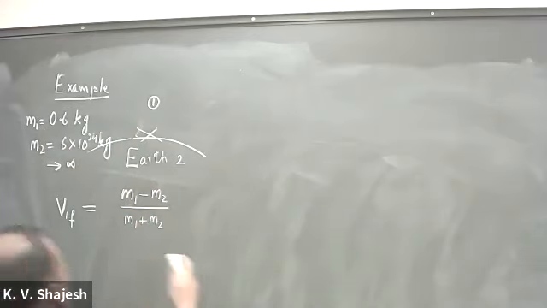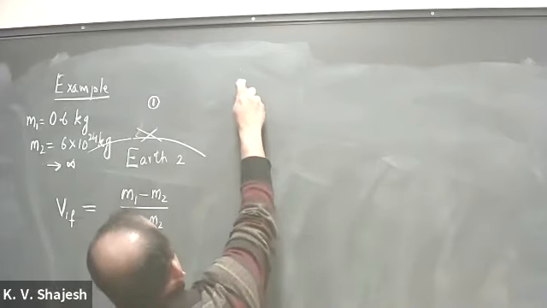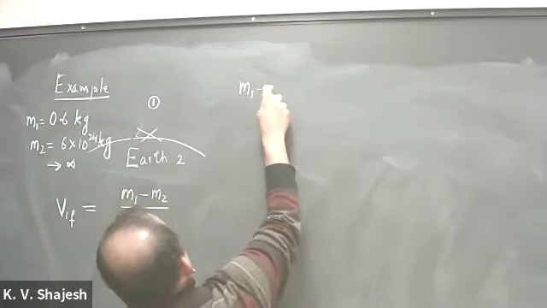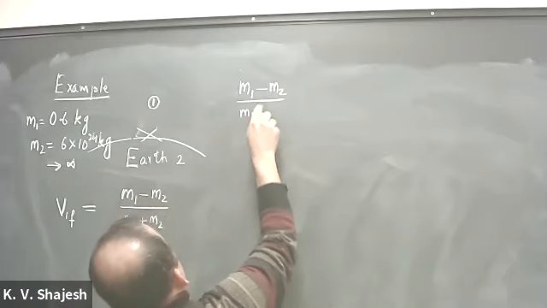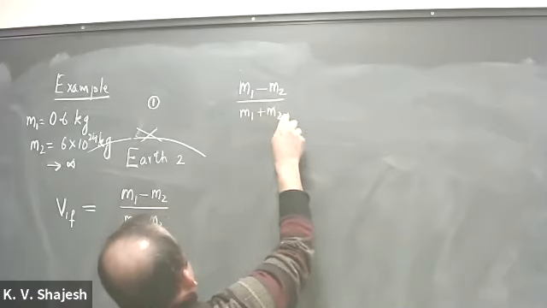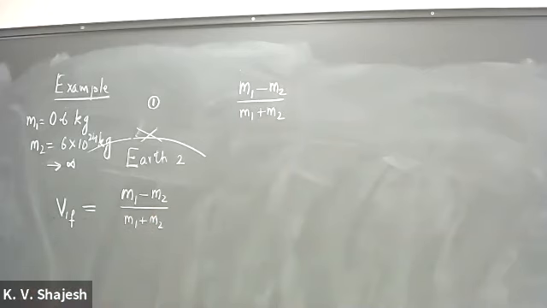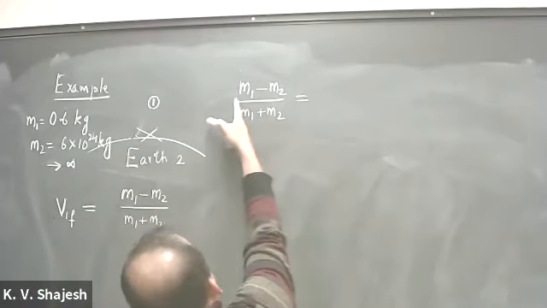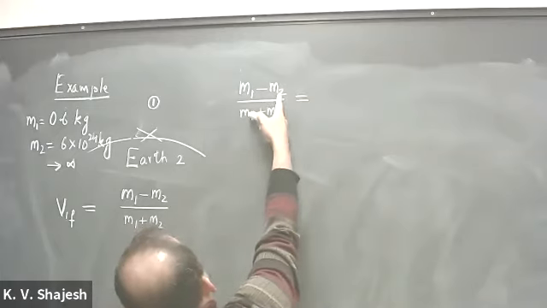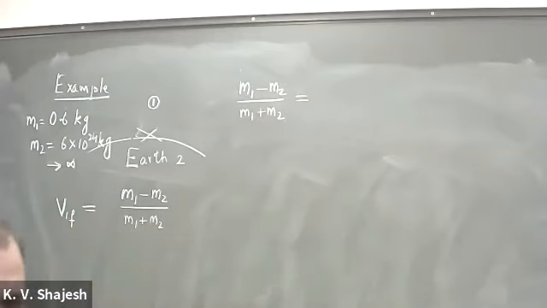But what is that equal to? So let me analyze that separately here. M1 minus M2 divided by M1 plus M2. Notice that in the numerator and in the denominator, this is a very small number being subtracted from a very huge number, basically infinity. So we have to think of the limiting scenario in calculus.